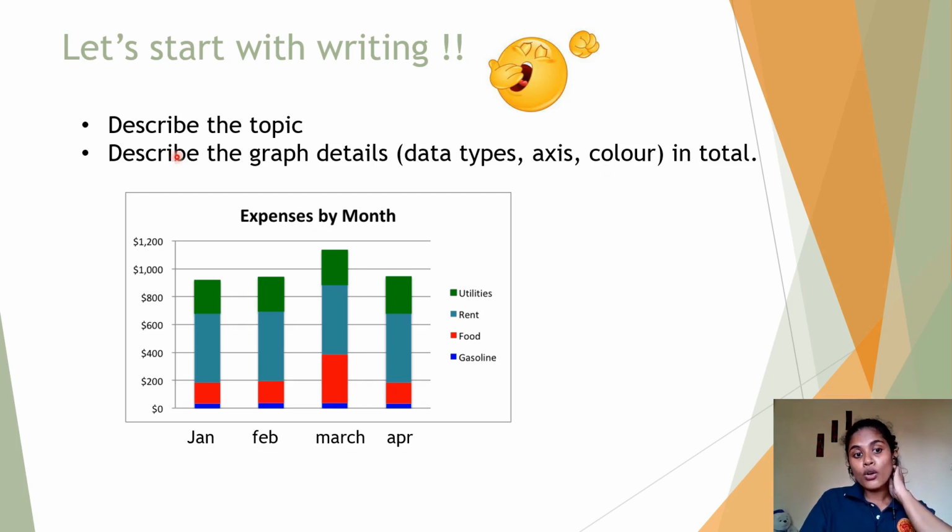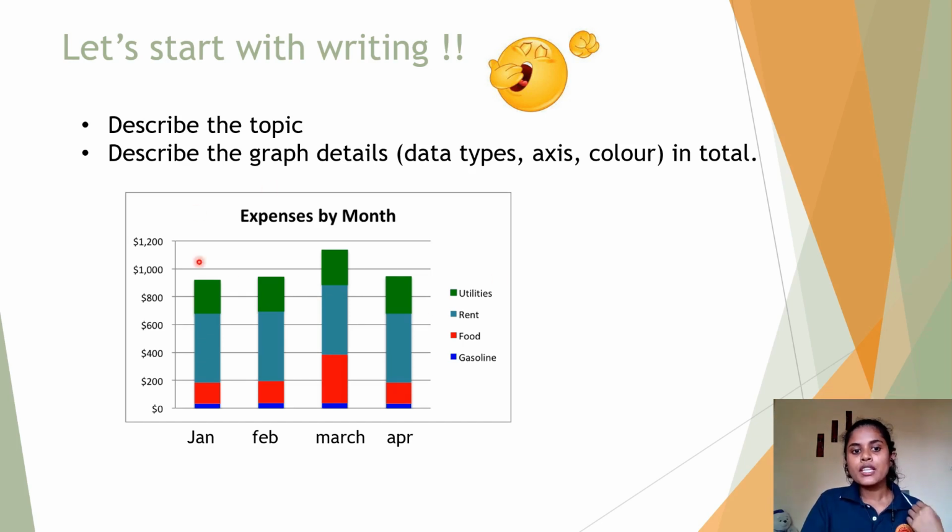And also, in the second step, we have to describe the graph details. What are the data types that are given? What are the axes that are there? And the colors. In total, we have to describe starting from the topic and the graph details, because that is how we give a small introduction to our answer, because our answer should be perfect. So first we are describing the topic and then we are describing the graph details.